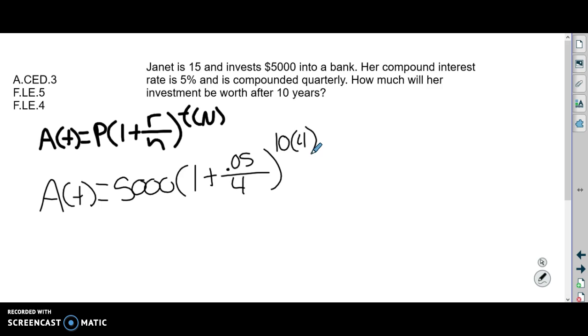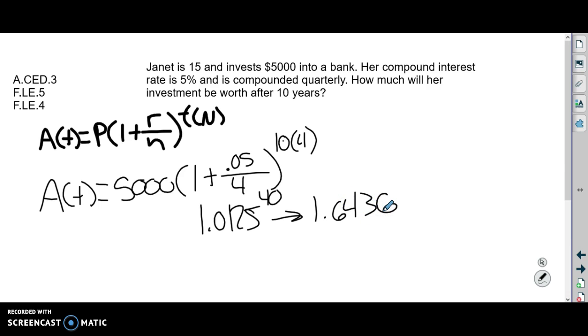So our first step is to work out what we have in the parentheses, and that's going to give us 1.0125. And then we'll raise that to the 40th, because 10 times 4 equals 40. That's going to give us 1.6436.